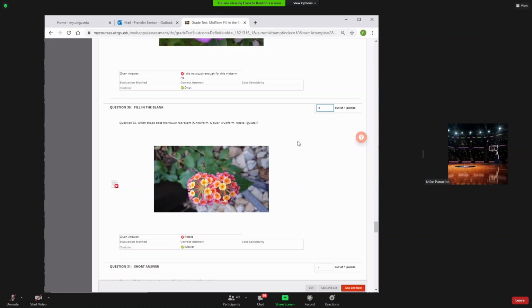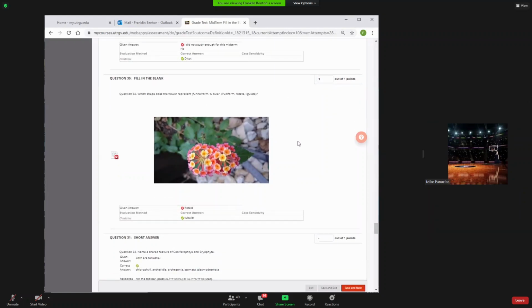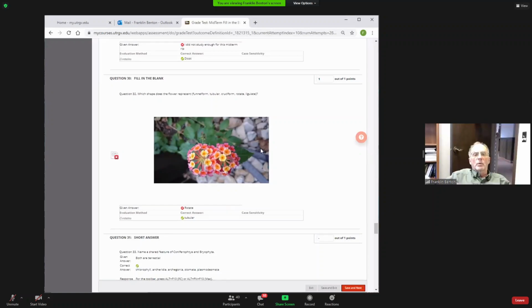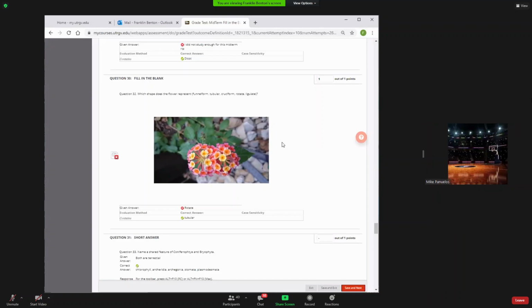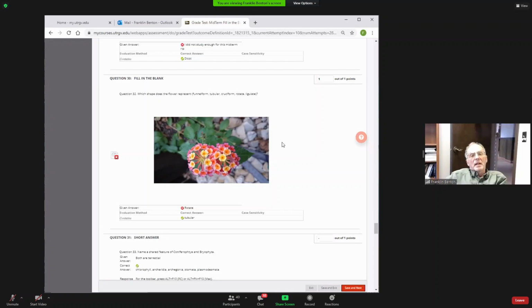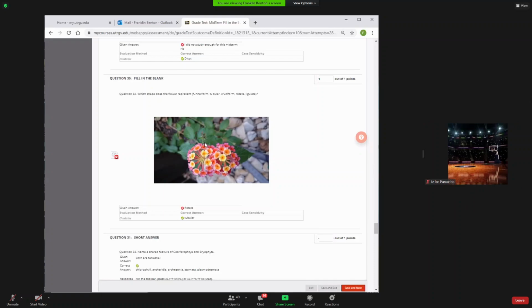Sir, I'm not sure, but I never saw any of those terms or that photo specifically. Okay. That means you got one of the other ones. No, like in the labs, like in the slides they give us. Well, I think this was in the photos on the online section.